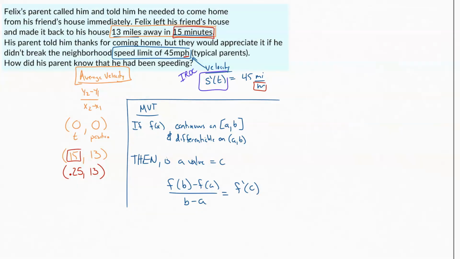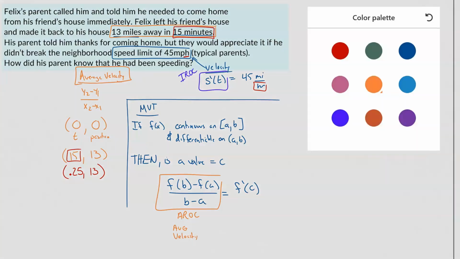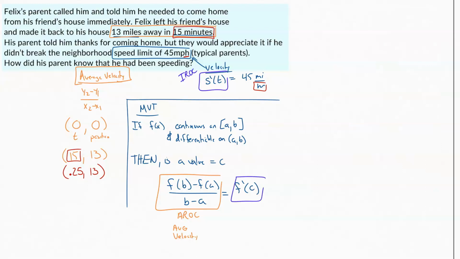So what we know is our average rate of change, our AROC, our average velocity in this situation, is going to be equal to our instantaneous rate of change, our actual velocity, at one specific point, at some point c.